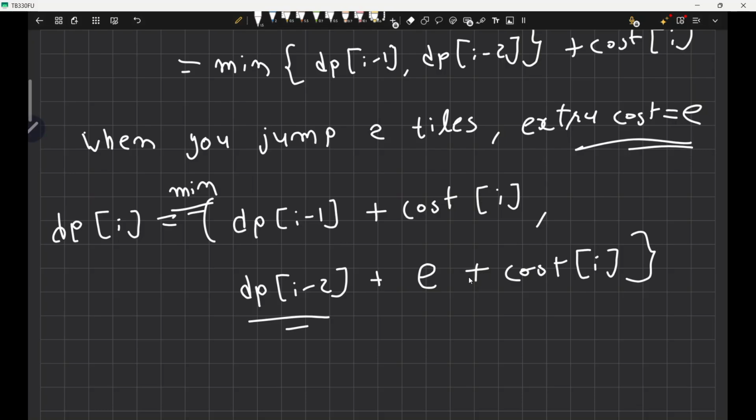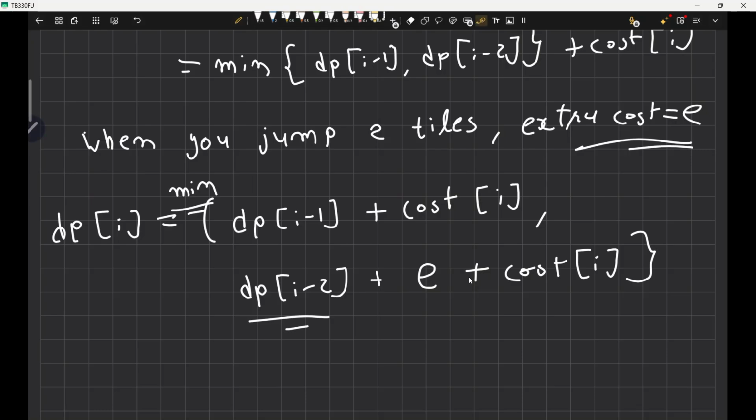So you just have to find all the possible ways you come till I, and then what is the cost to come from this thing, and you will just greedily take one thing, right?